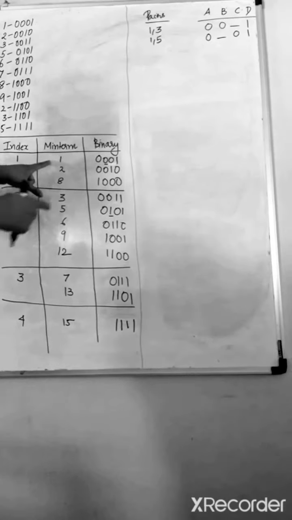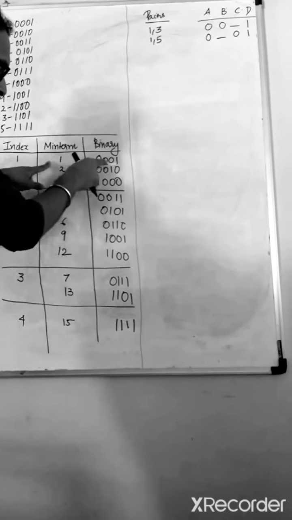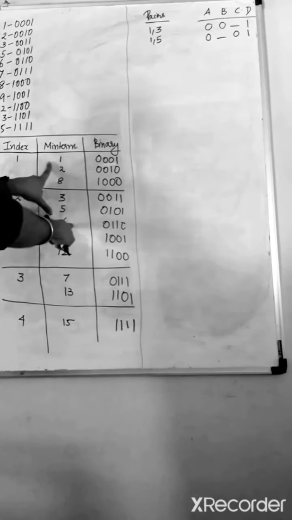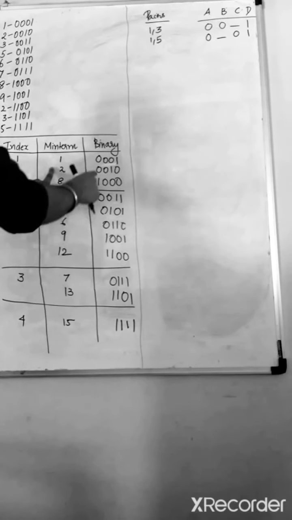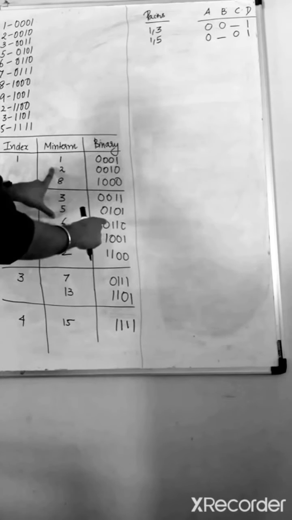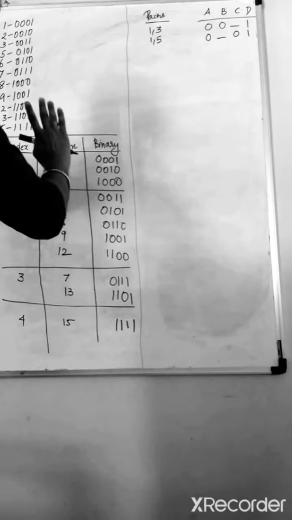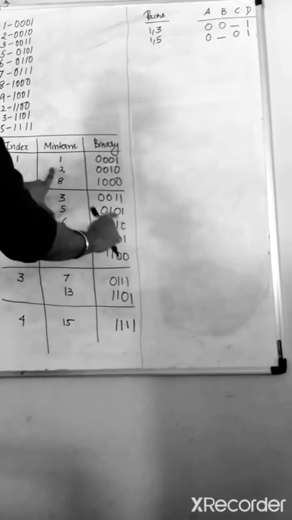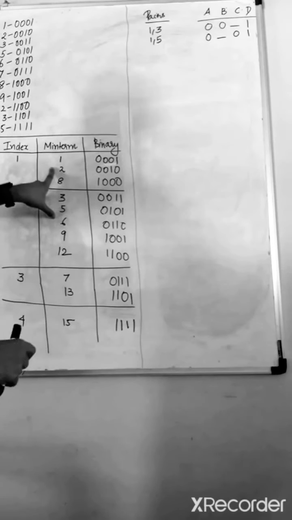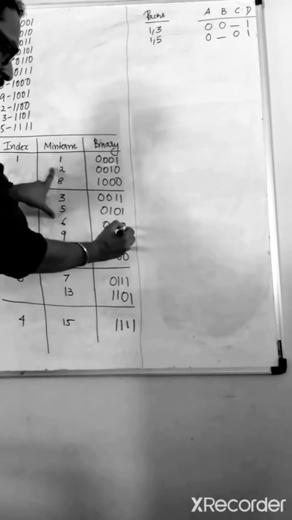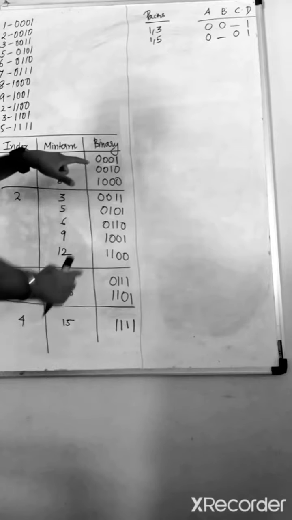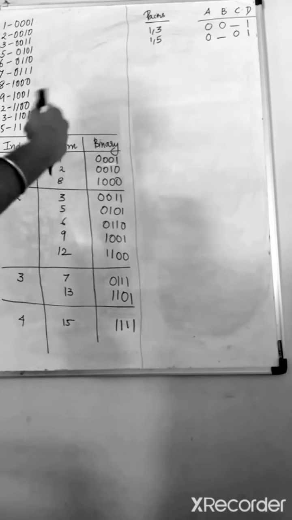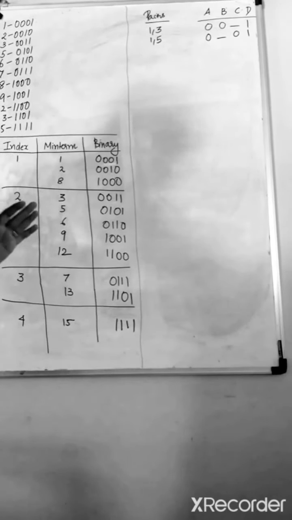Compare 1 with 6. We have 0 0 0 1 and here we have 0 1 1 0. There is change in more than one bit, so we avoid that.